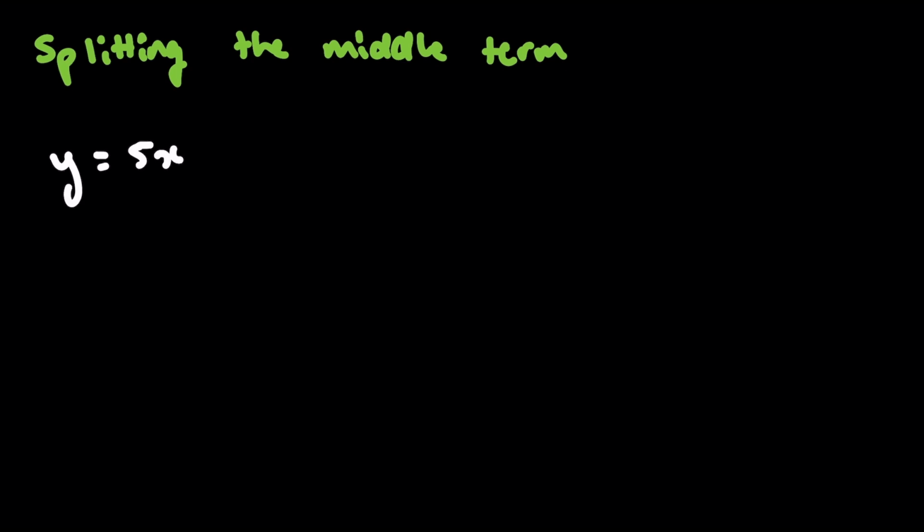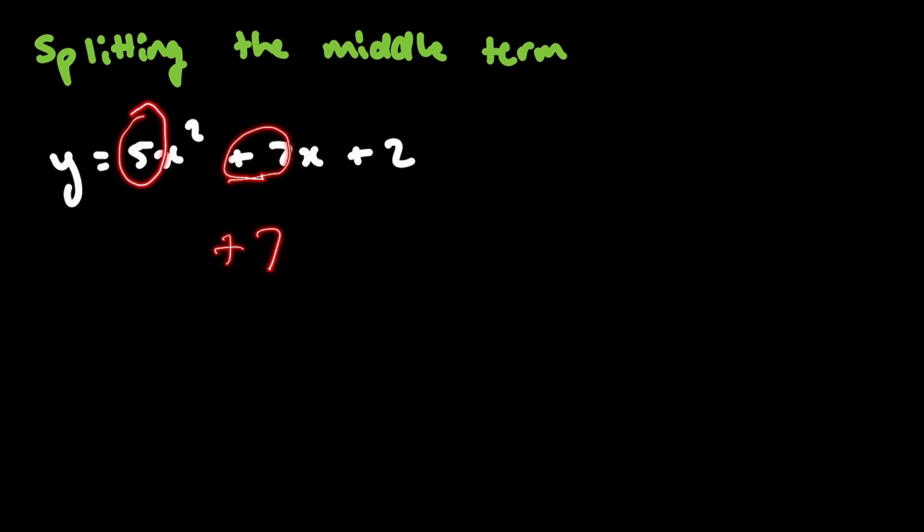y equals 5x squared plus 7x plus 2. The first step is to try and see if we can make this monic, and in this example it's not, so we're going to try and factorize it as is. Now I want to find two numbers that add to the middle term, so add to 7, but multiply to whatever the a term times the c term is.